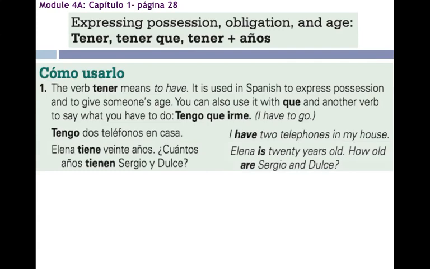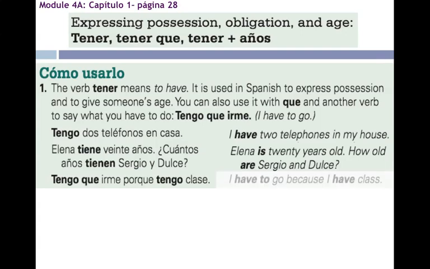Repitan, Elena tiene 20 años. ¿Cuántos años tienen Sergio y Dulce? Tengo que irme porque tengo clase. Repitan. Tengo que irme porque tengo clase.